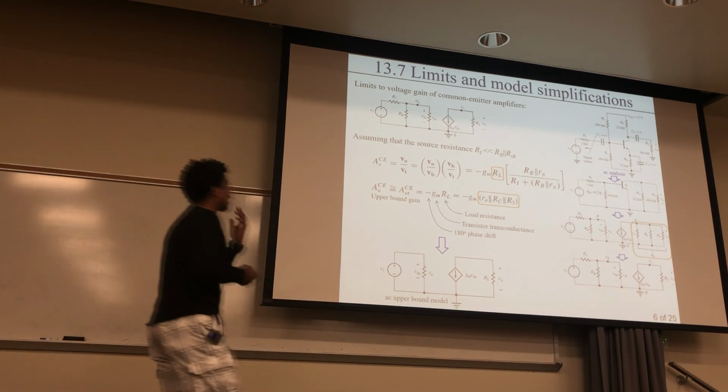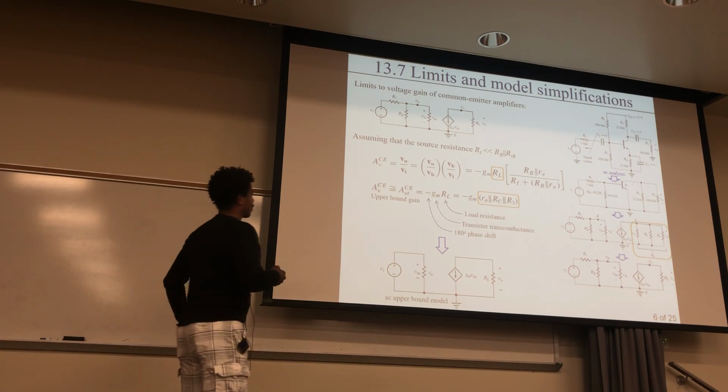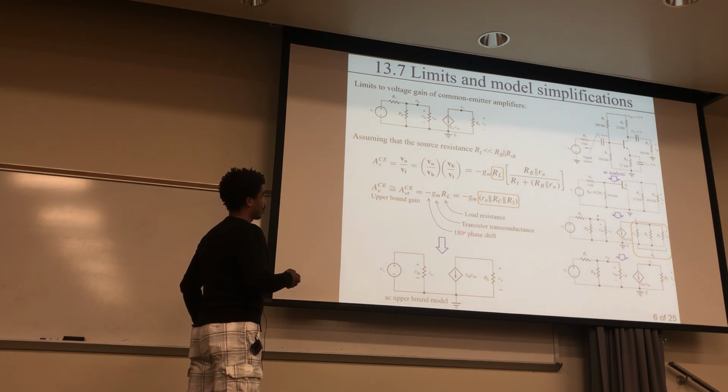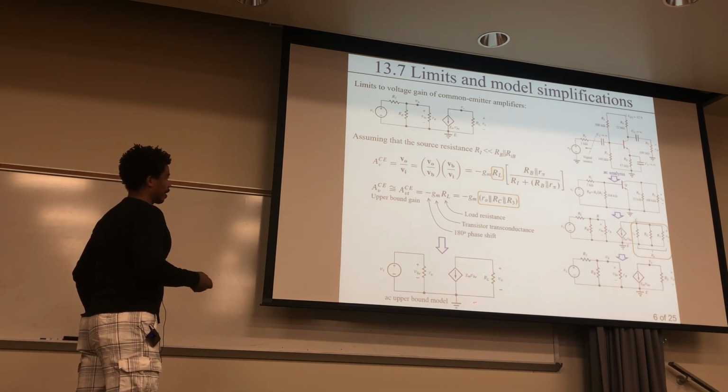I'll come back to that. Okay, so here's what we can get for the upper bound. Remember, this right here is going to be the load resistance. And this right here is a transconductance, the GM, and this negative is a 180 degrees phase shift. So that just corresponds to this right here.